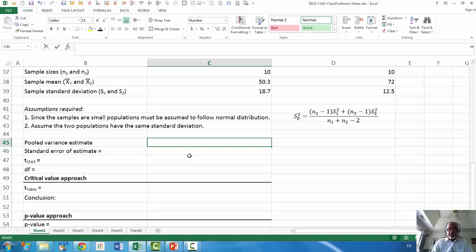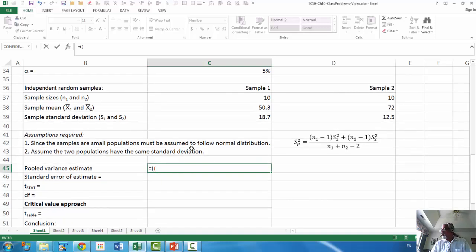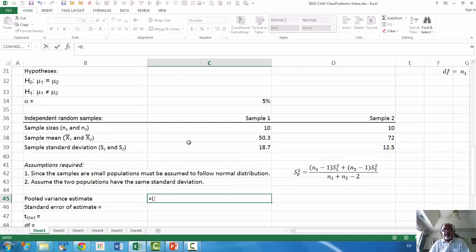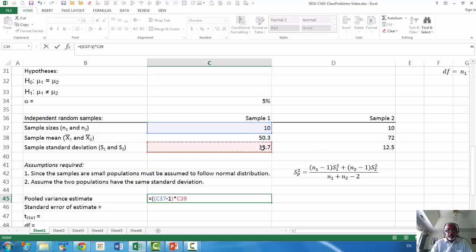Okay, so we need to start with two parentheses, n sub 1 minus 1 times s sub 1 squared, plus n sub 2 minus 1 times s sub 2 squared.